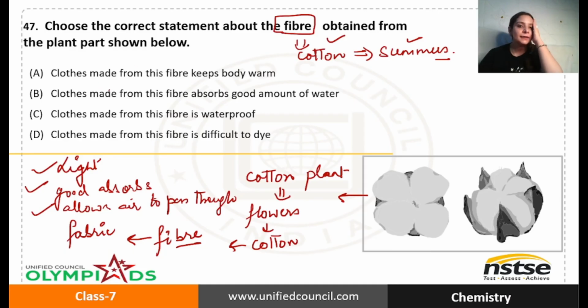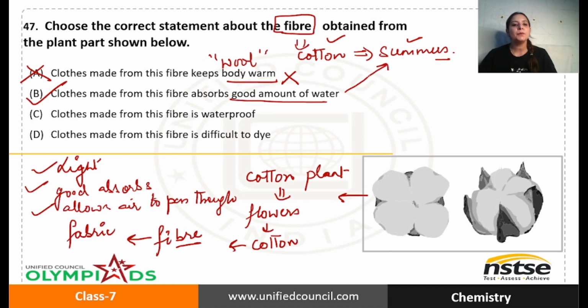So option A says clothes made from this fiber keep the body warm. No, it doesn't keep the body warm. The fabric which keeps the body warm is wool, not cotton. So wrong. Clothes made from this fiber absorb a good amount of water. Yes, this is true. That is why we prefer to wear it during summers.